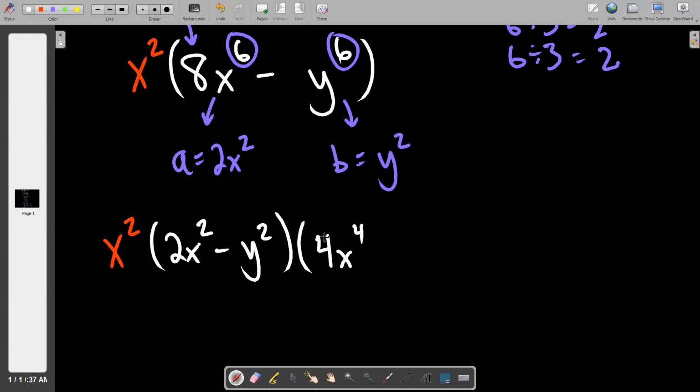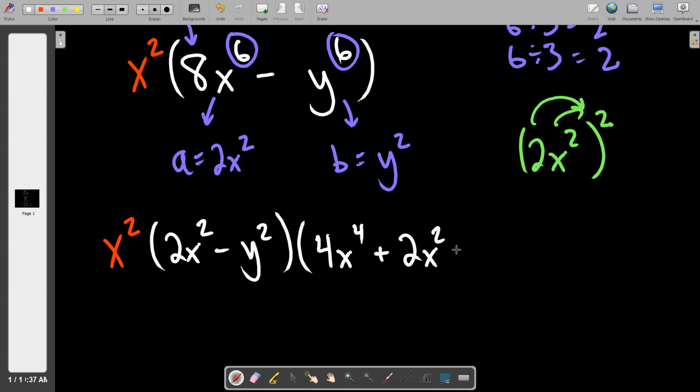Plus. And again, for those of you who are wondering where I got that, that is A squared. This is not our first time going through this. 2 squared is 4. x squared squared is x to the 4th. Plus, and y squared.